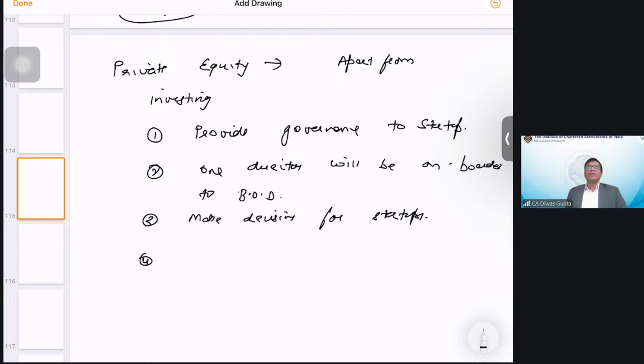Okay, they will also tend to make the decisions for the startup to make them grow the business aggressively, right? And because their incentives, or let's say their own stakes, are there in the business, with the way they grow the business. Clear?